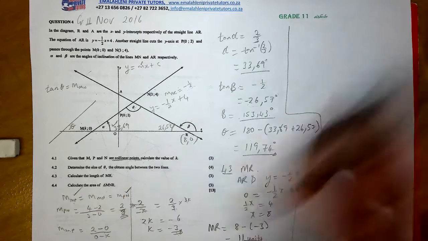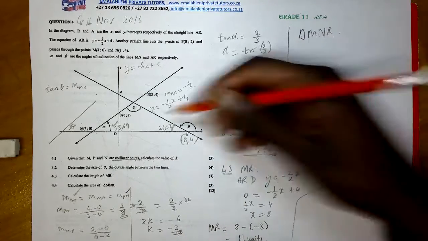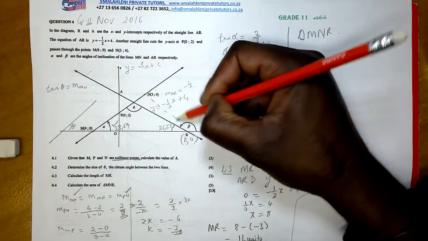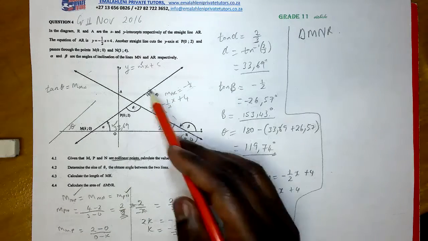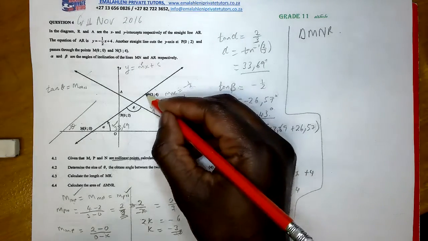Here we want to find triangle MNR, but from N we don't have a line, so we can connect N to R. When you look at this triangle, this is our perpendicular height.